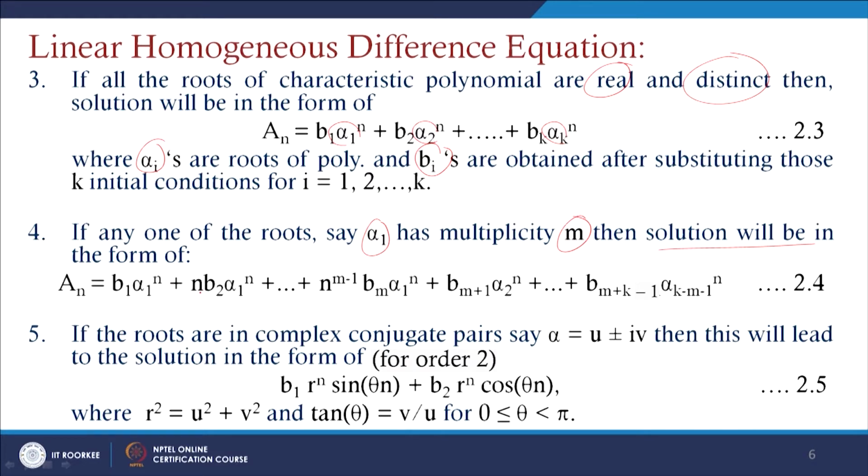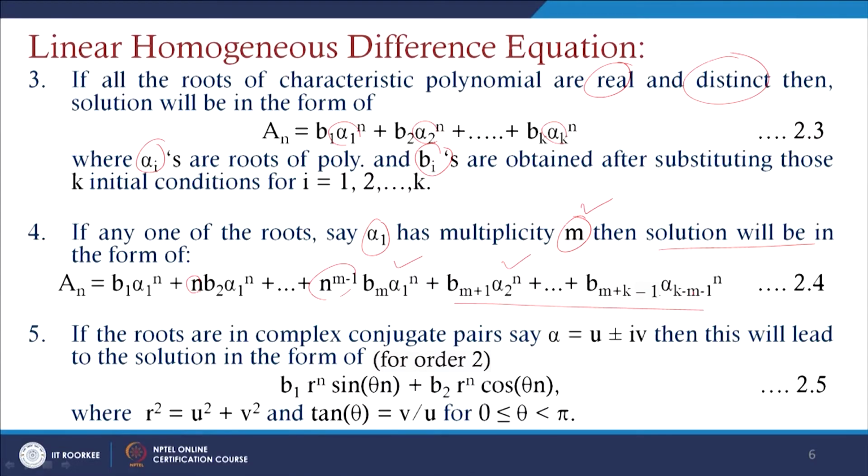Simply, we can multiply by n here: n b2 alpha1 to the power n, and so on. If we consider multiplicity m, then we will have n to the power m minus 1 bm alpha1 to the power n plus b(m+1) alpha2 to the power n. It is the next, immediate root. Since alpha1 has multiplicity m, other roots also exist there, so they are written in the form that we explained in the earlier solution.